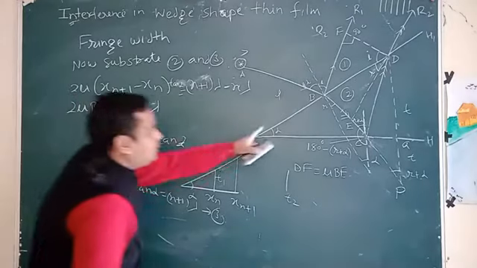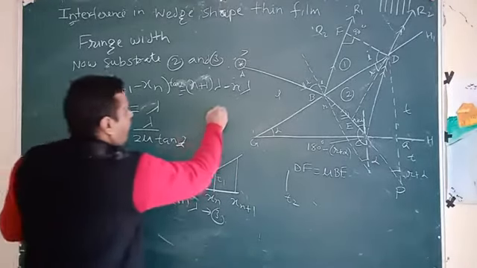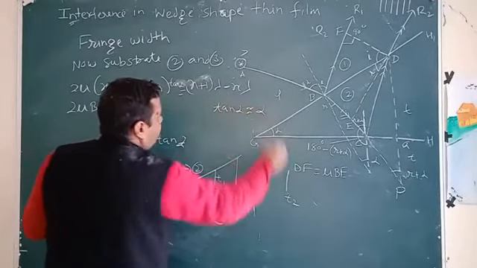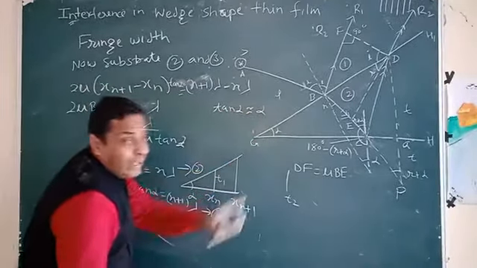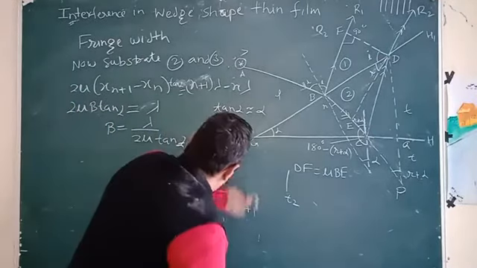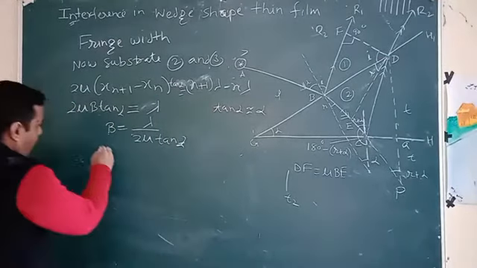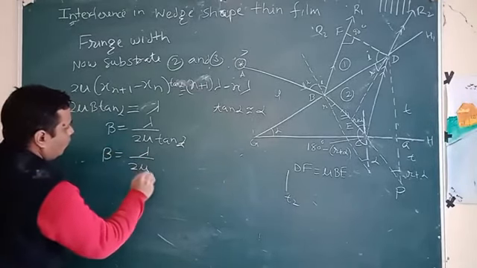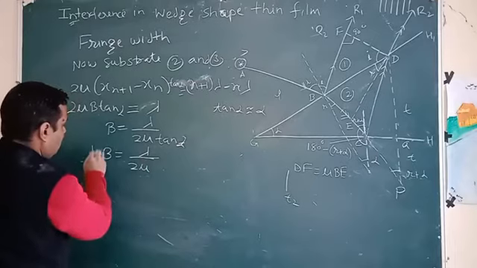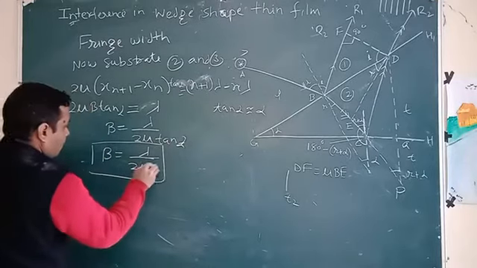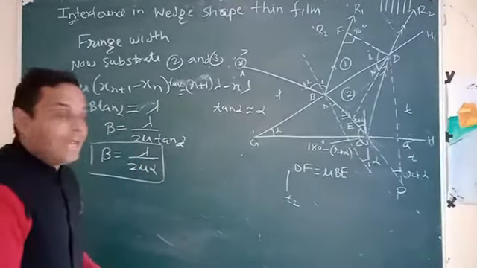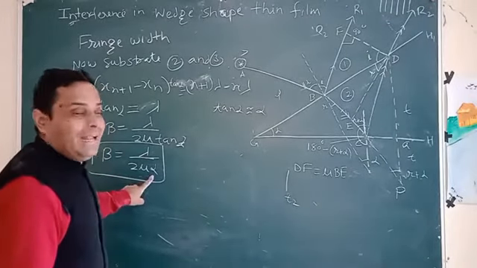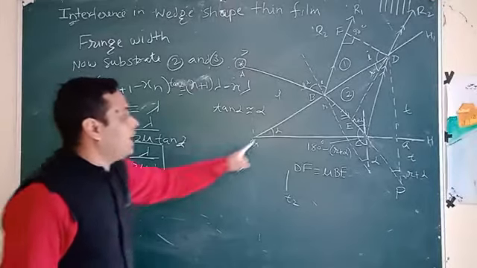If alpha is very small, then tan alpha is approximately equal to alpha, so beta comes out to lambda upon 2 mu alpha. So here we have seen that the fringe width depends upon lambda and also on this alpha, that is the wedge angle.